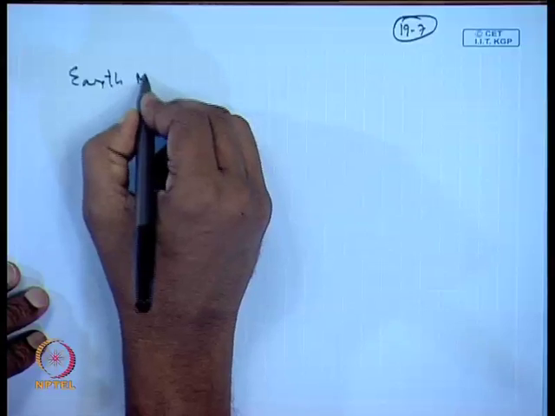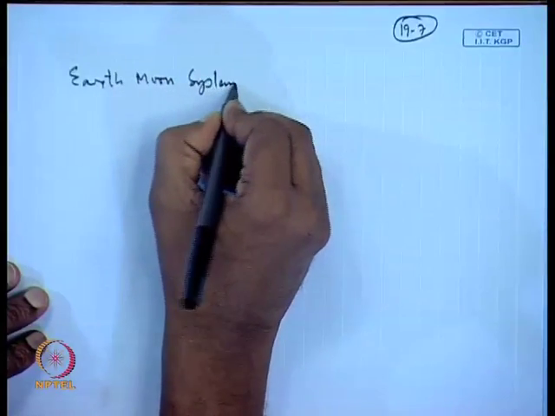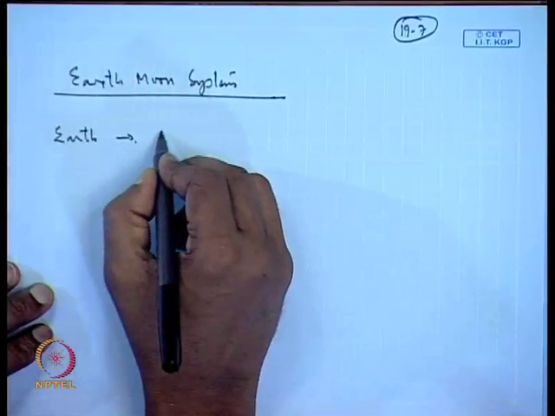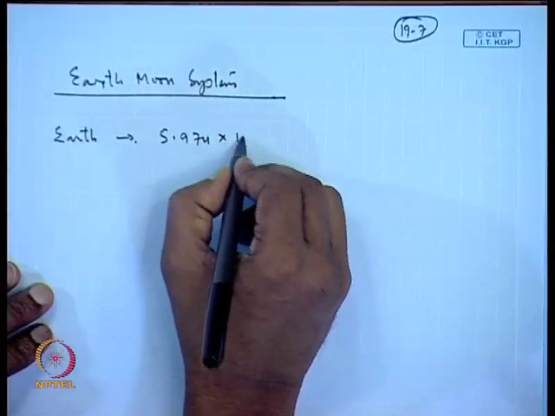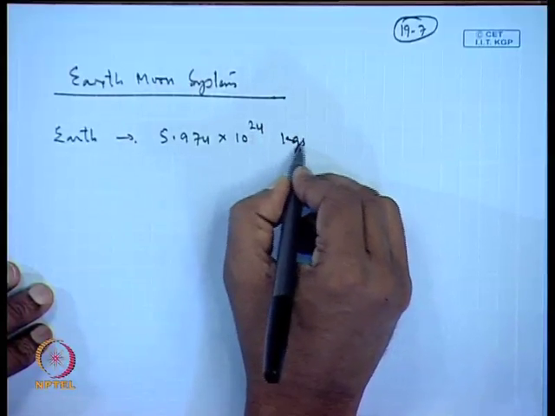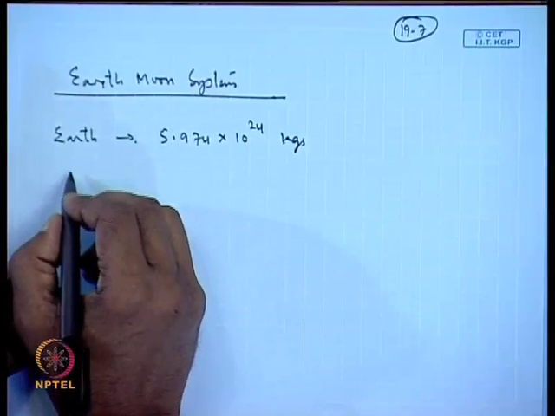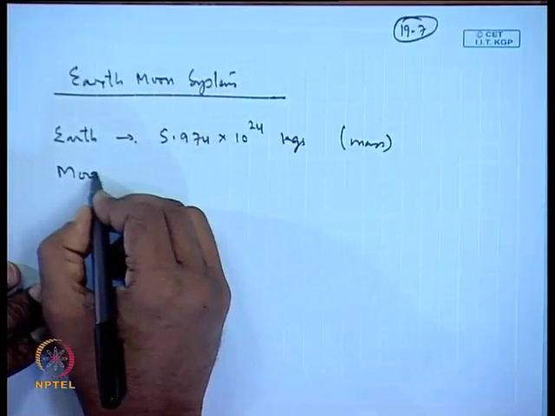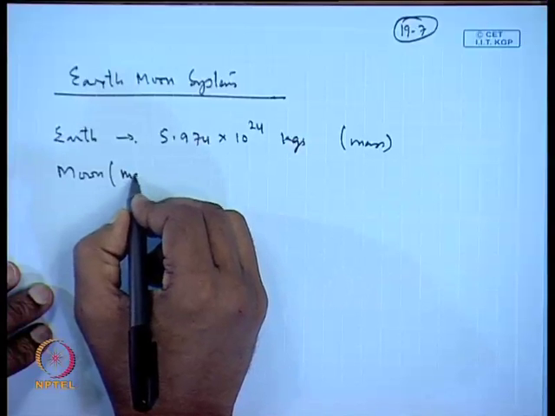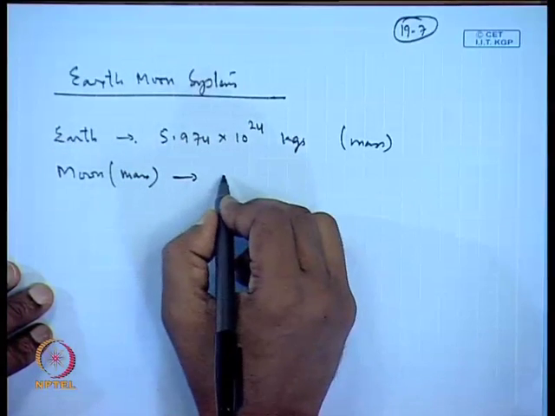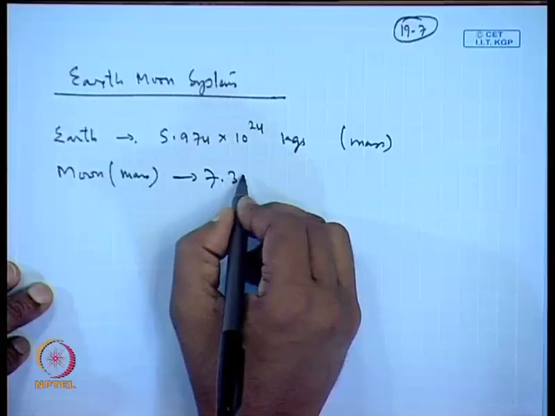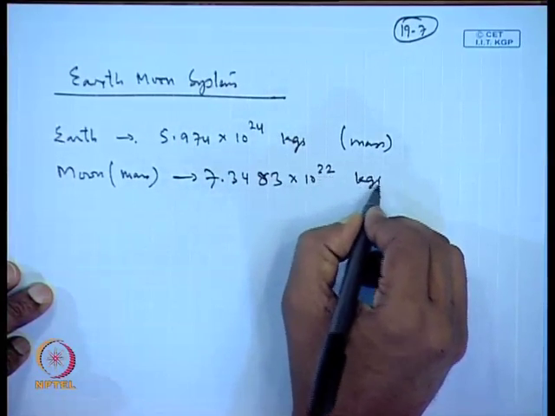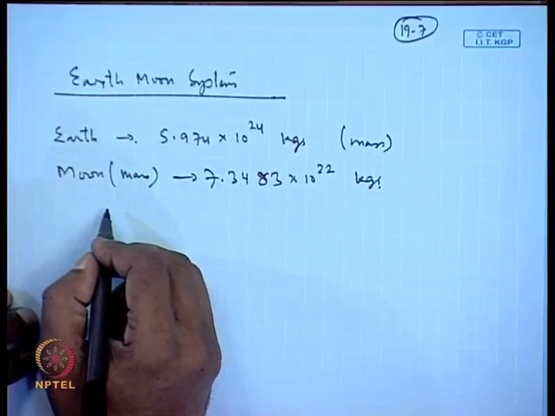For the earth moon system, the earth has a mass of 5.974 times 10 to the power 24 kgs, and this is the mass of earth, and the mass of moon is 7.3483. Okay.